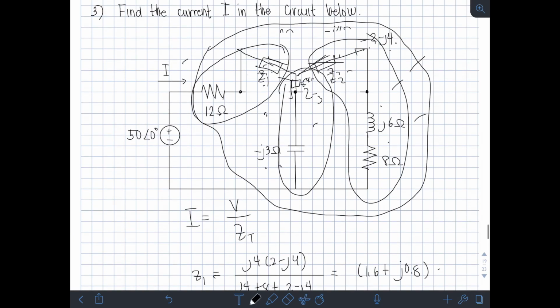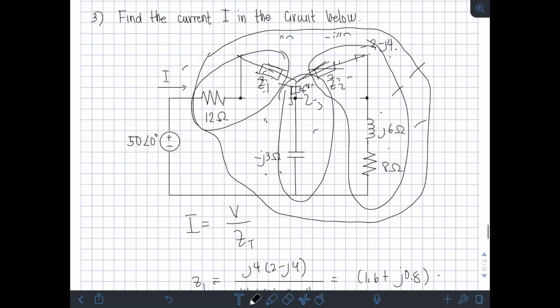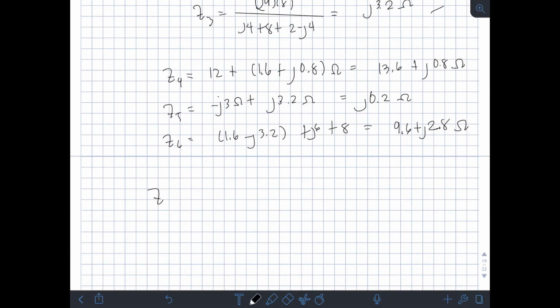Okay? So, therefore, what is the total impedance? Z5 and Z6 are in parallel. We combine them, and then add them to Z4. So, therefore, Z total is equal to Z4 plus the parallel combination of Z5 and Z6. So, what is Z4? 13.6 plus J times 0.8.